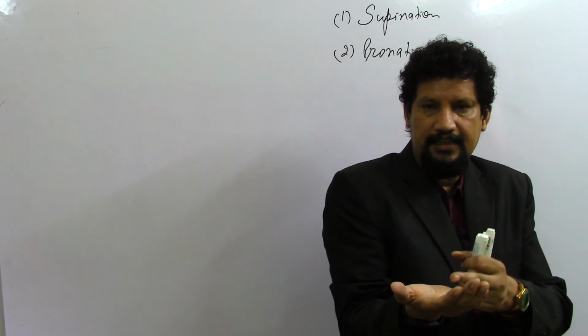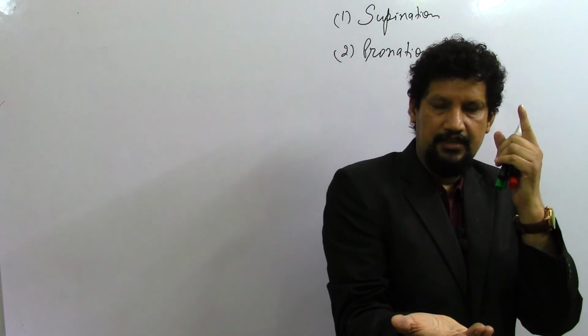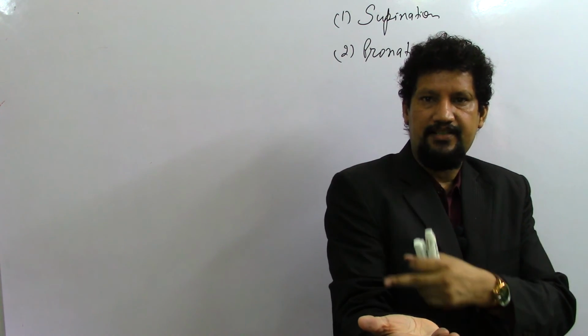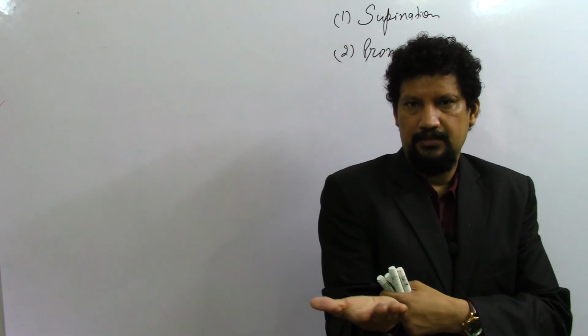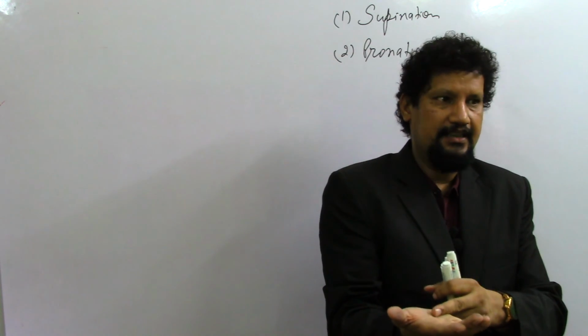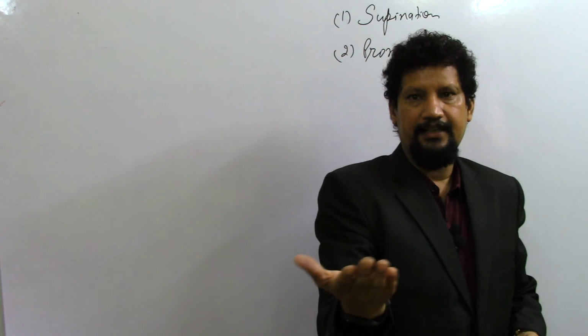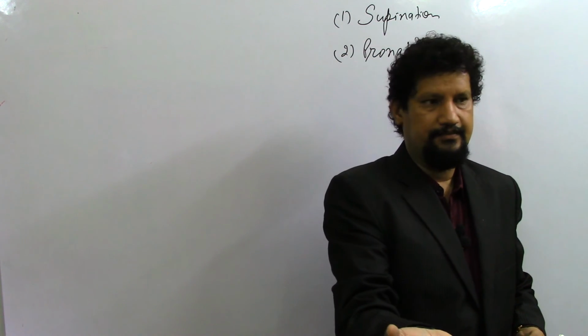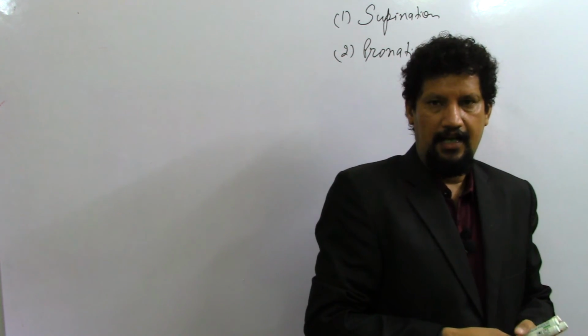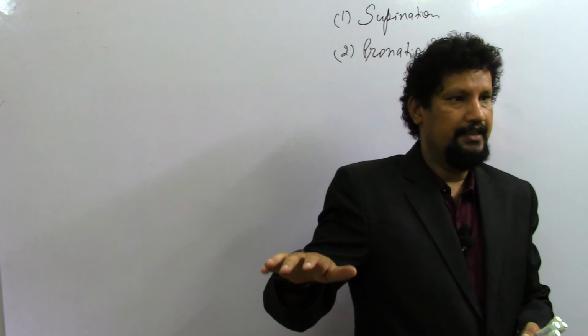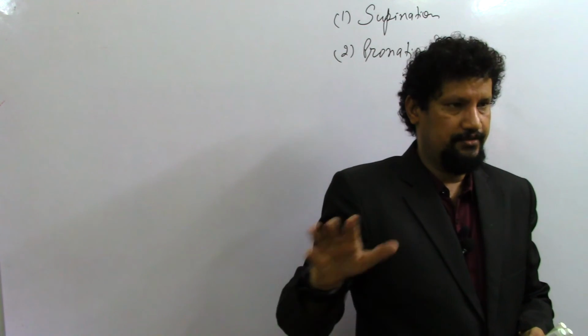So supination is the palm facing upward in the semi-flexed elbow. See, this is supination, like begging by putting the hand in supine position like this. And when we pat a child's head like this, this is pronation.